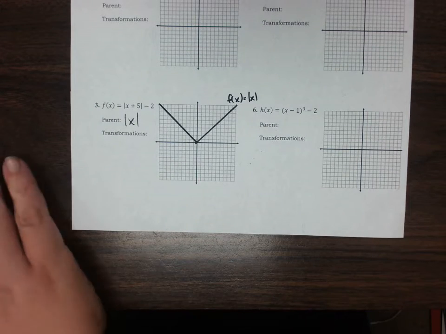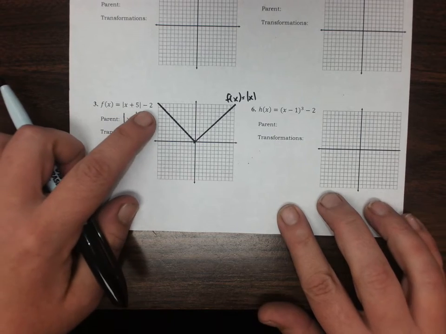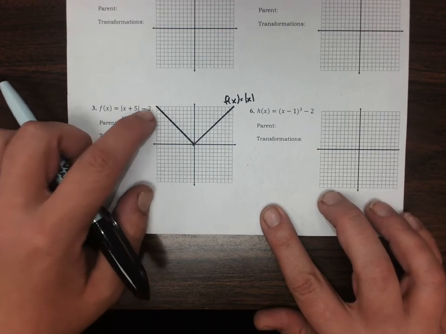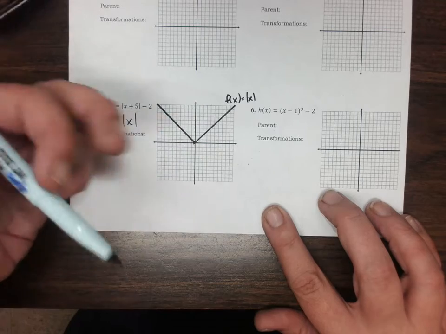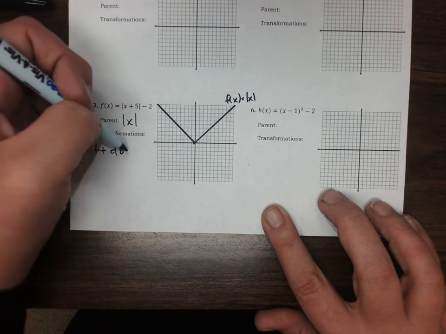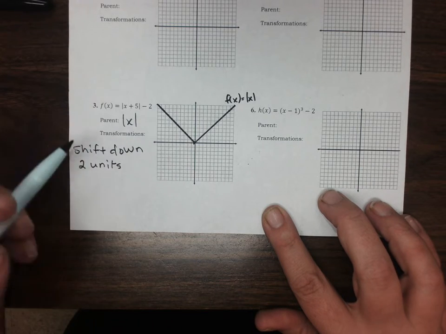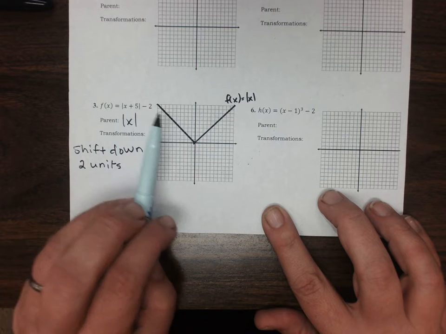And now let's go ahead and look at my transformations and see if we can figure out what it is that has happened here. Well, I've got one inside and one outside. Recall that anything outside is a shift up or down. So shift down 2 units. And I've got this horizontal left-right movement.